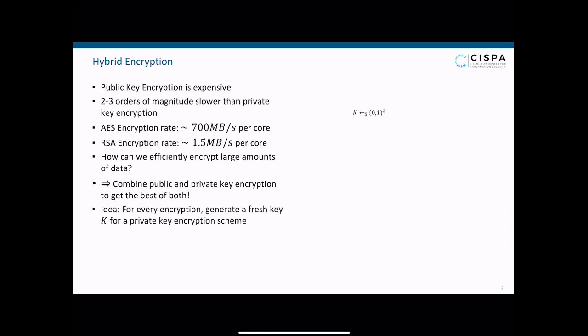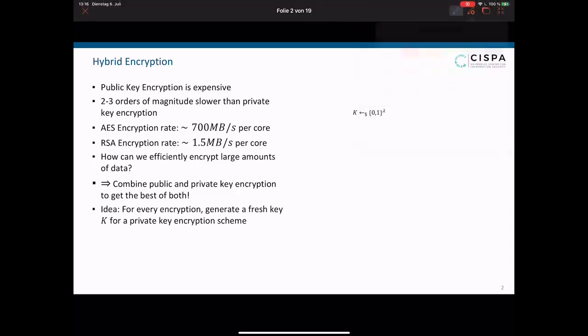And what does that mean? The basic idea is that for every new encryption of some large amount of data, we first generate a fresh key K for our private key encryption scheme.